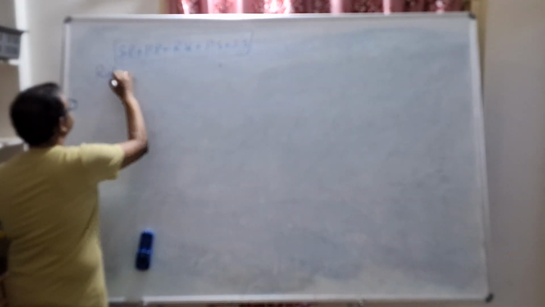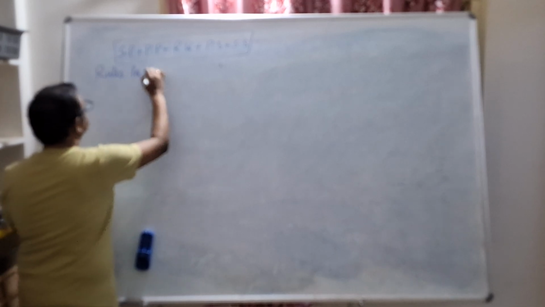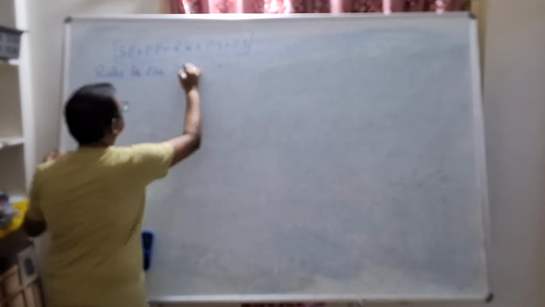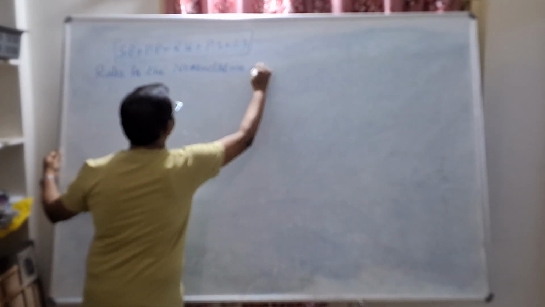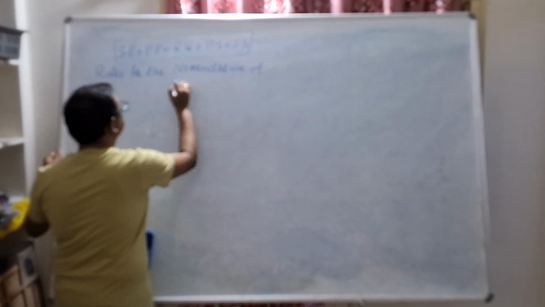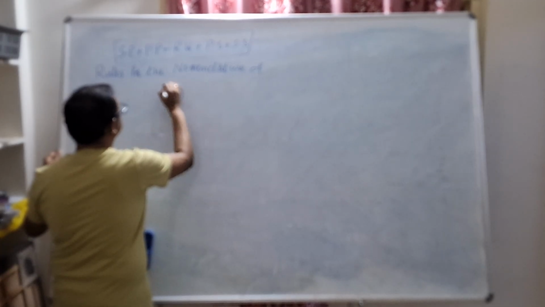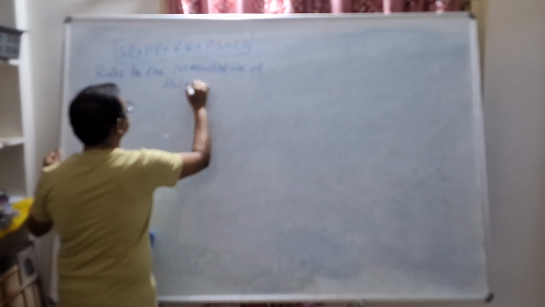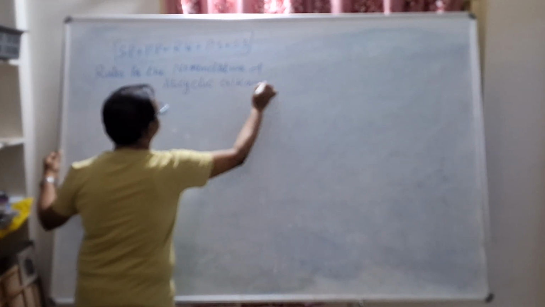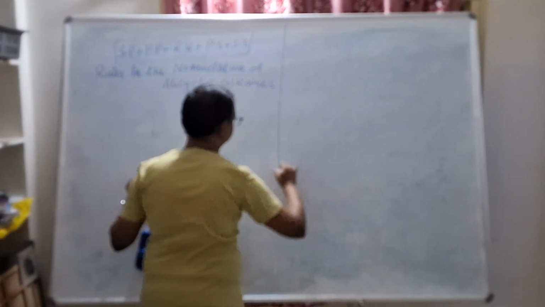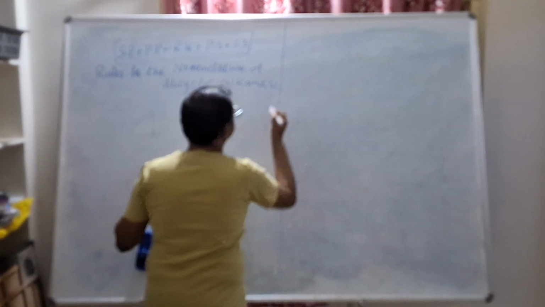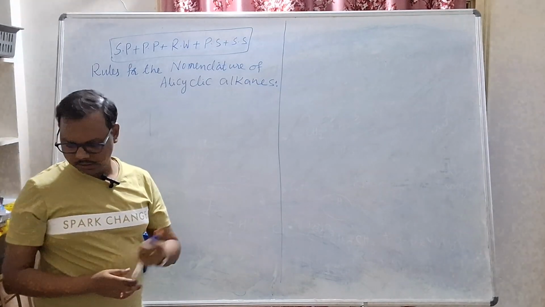I'm writing here rules for the nomenclature of saturated hydrocarbons, alicyclic alkanes. Alkanes are saturated compounds, therefore I'm going to take that.